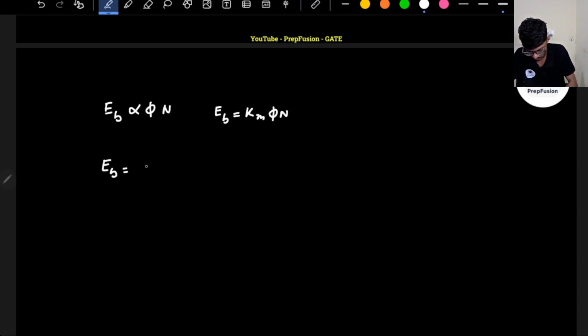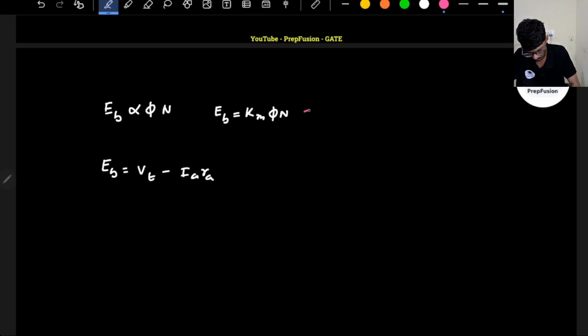In case of a motor, we have a term known as back EMF. Back EMF is proportional to the flux across the motor and the speed, right? So back EMF Eb is equal to Km phi n, and my back EMF is also equal to Vt minus Ia Ra. So what is our speed dependent on?